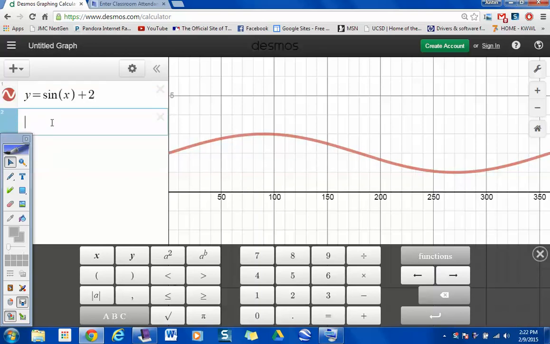If this was y equals sine of x, purple one's the original graph. What does this addition of 2 out here on the end outside of parentheses do? What's the effect? It just takes it and shifts it up 2 units, right? Good there? All right.